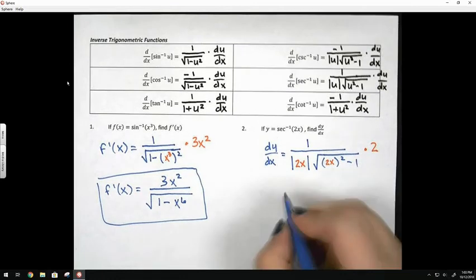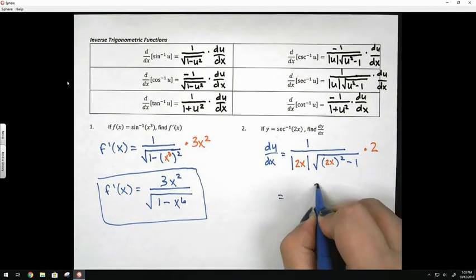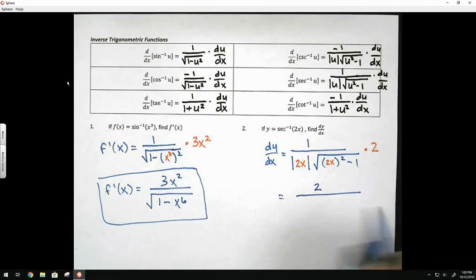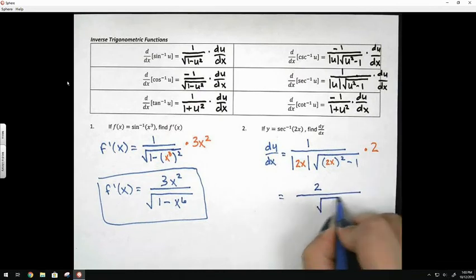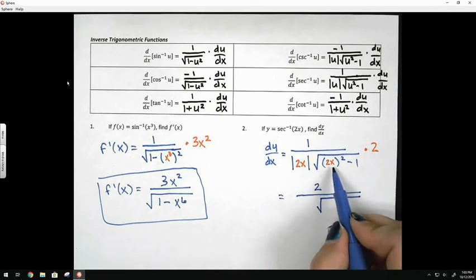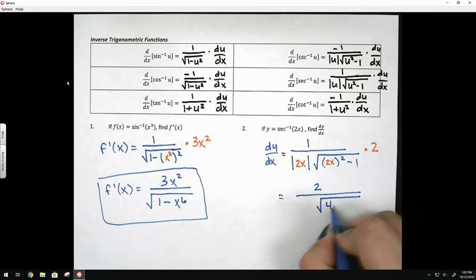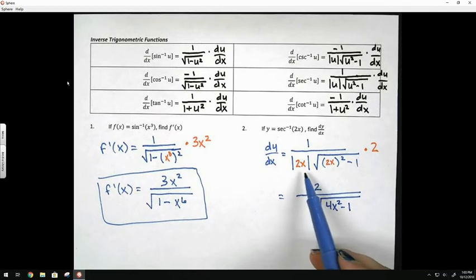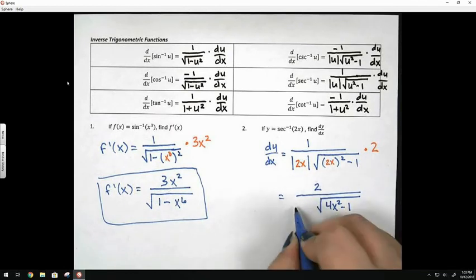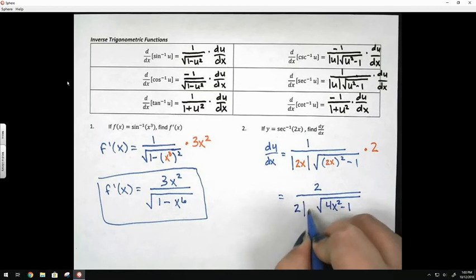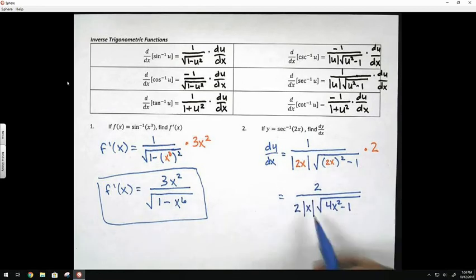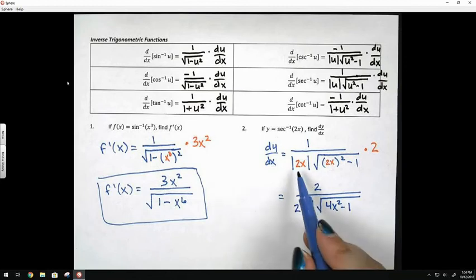Now we are going to do a little bit of simplifying here. So I'm going to put the 2 on the top. And I'm going to leave this square root. So 2x quantity squared is really 4x squared minus 1. And this right here is what I need to talk to you about. If we have the absolute value of 2x, I can actually take the 2 out and make it just the absolute value of x, because the 2 is positive, so it doesn't matter.